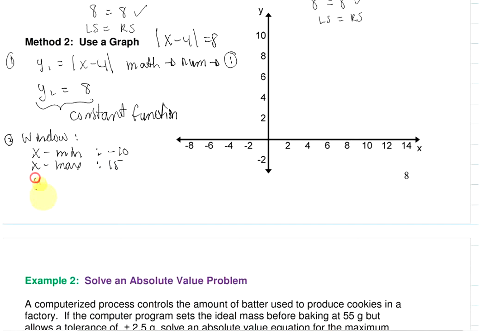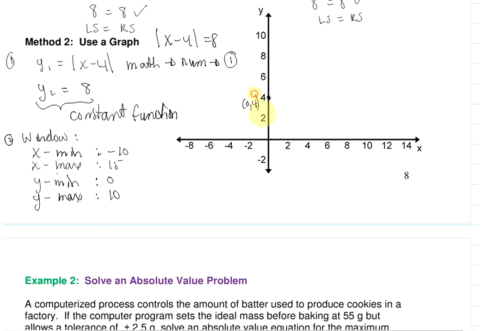Your y min, make that 0, and your y max, make that 10.